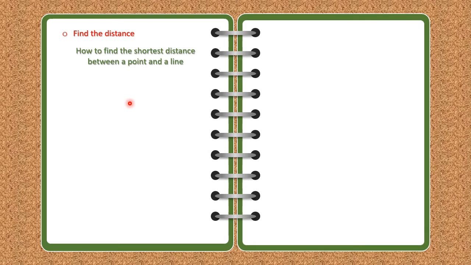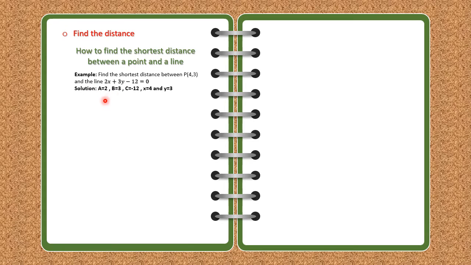Let's take an example to find the shortest distance between a point and a line. Let's say I want to find the shortest distance between point (4, 3) and line 2x plus 3y minus 12 equals 0.